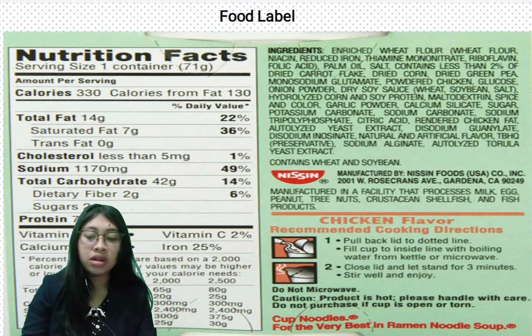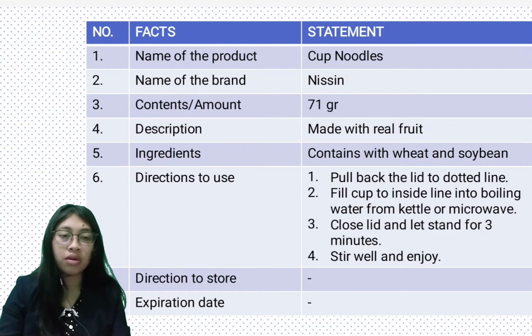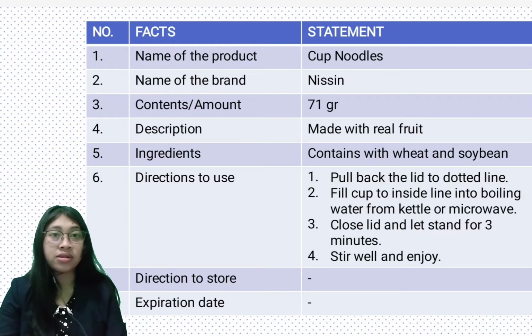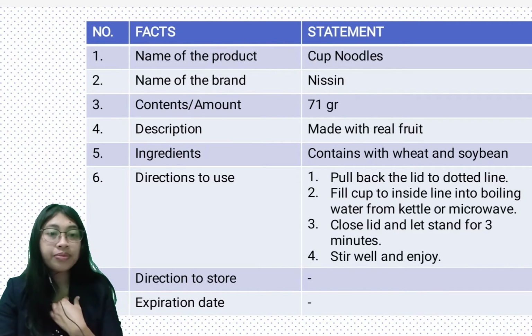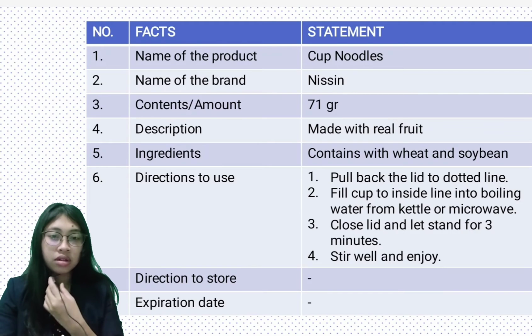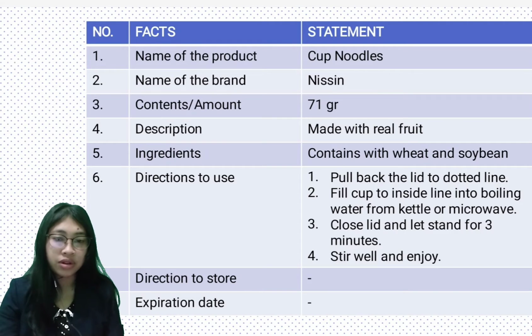Now let's observe it and see the facts about it. The name of the product is cup noodles, and the brand of the product is Nissin. The content amount is 71 gram. The description is that it is made with real fruit.